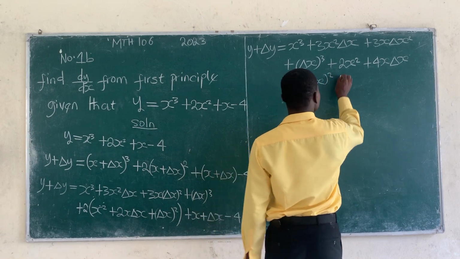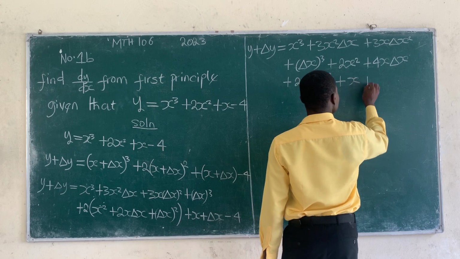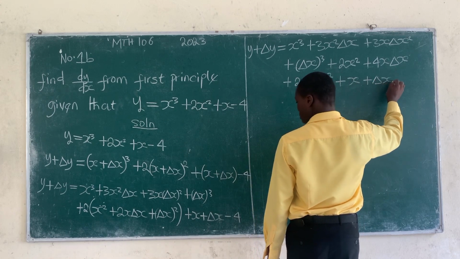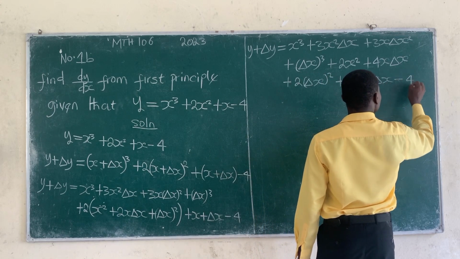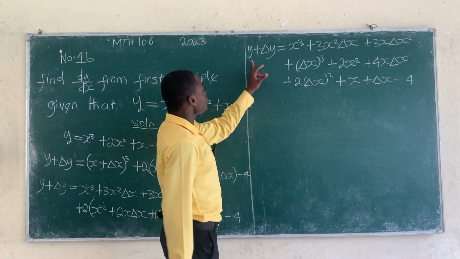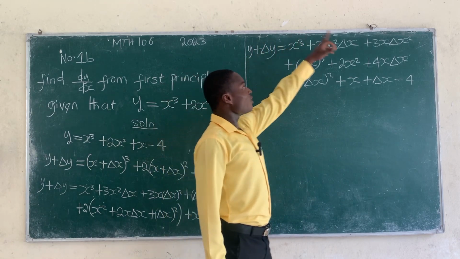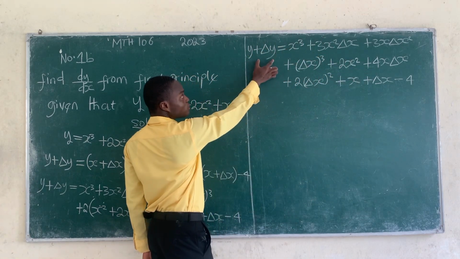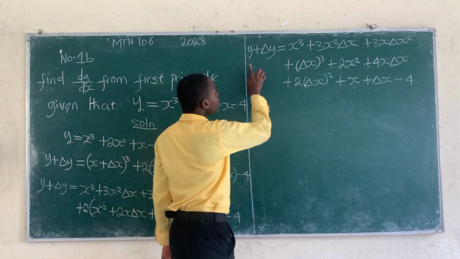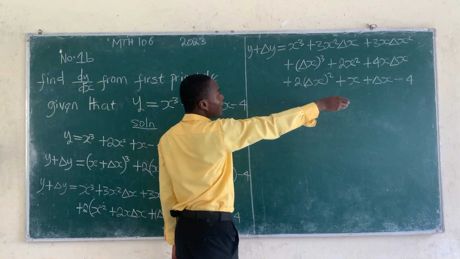The next one there is plus x plus increase in x minus 4. Our next task there is to send y over to this side to express it in terms of increase in y. So if y comes to this side, becomes minus y.